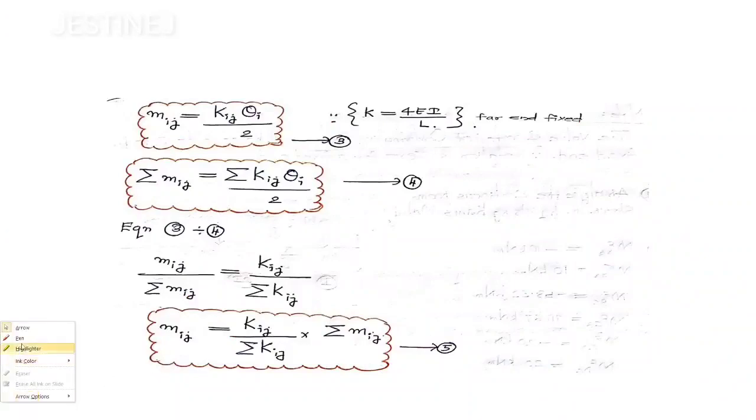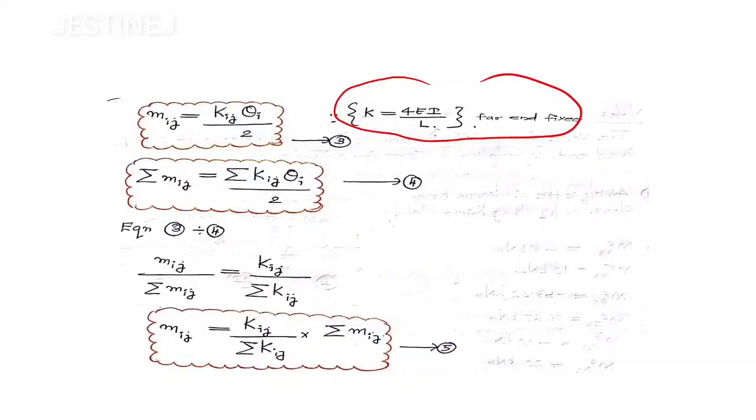We already know that this k, if the far end is fixed, is 4EI by L, and you can replace this in this format, that is Mij equals Kij theta i by 2. That is an important step you have to follow.